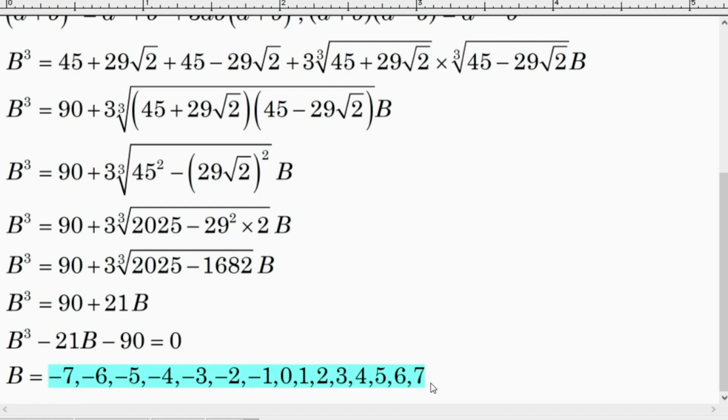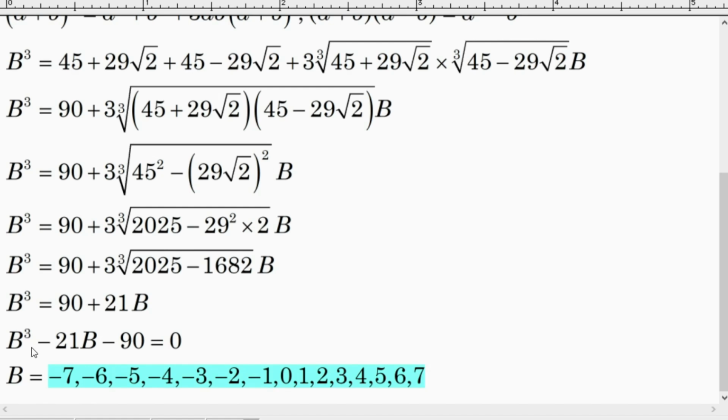Then you can see if any one of these numbers satisfies this equation, then that number is the root of this equation. Let's say I take one of these numbers to satisfy this equation.